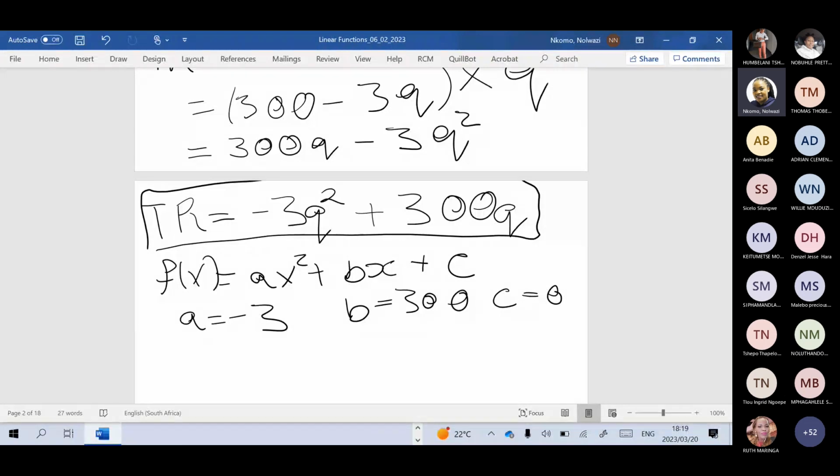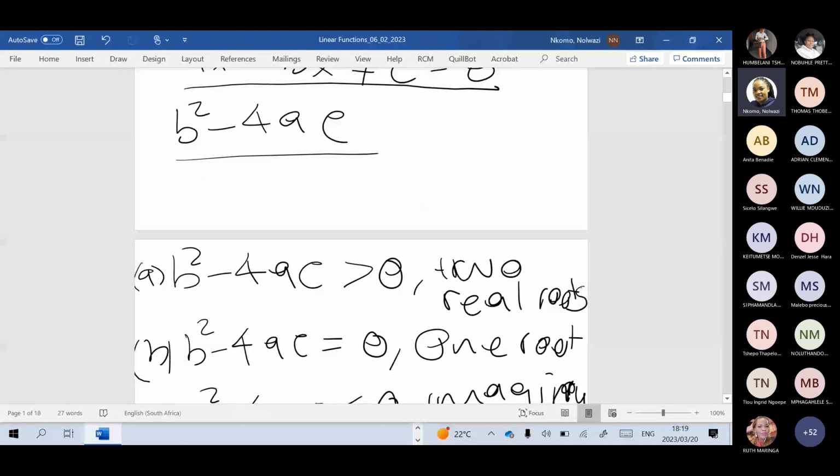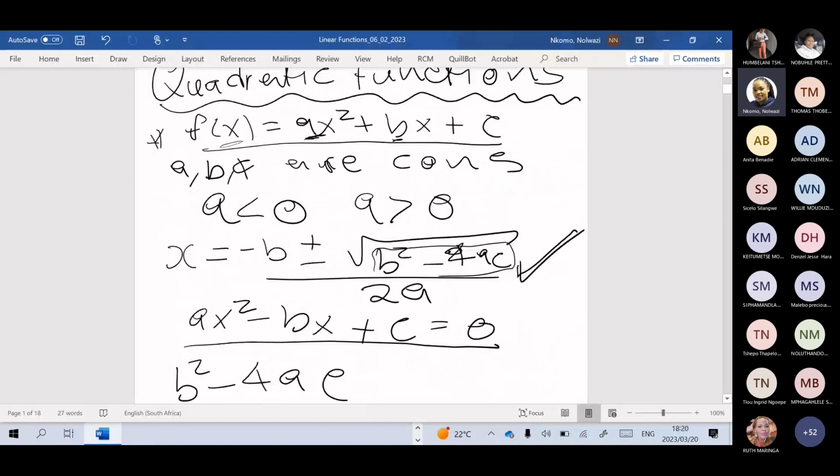We have this condition. Where did I write it? Okay, here. I said if a is greater than 0, that means we'll find the minimum turning point, which is the minimum point, meaning it's minimizing the cost or the revenue or the profit. But if a is less than 0, it's the maximum.